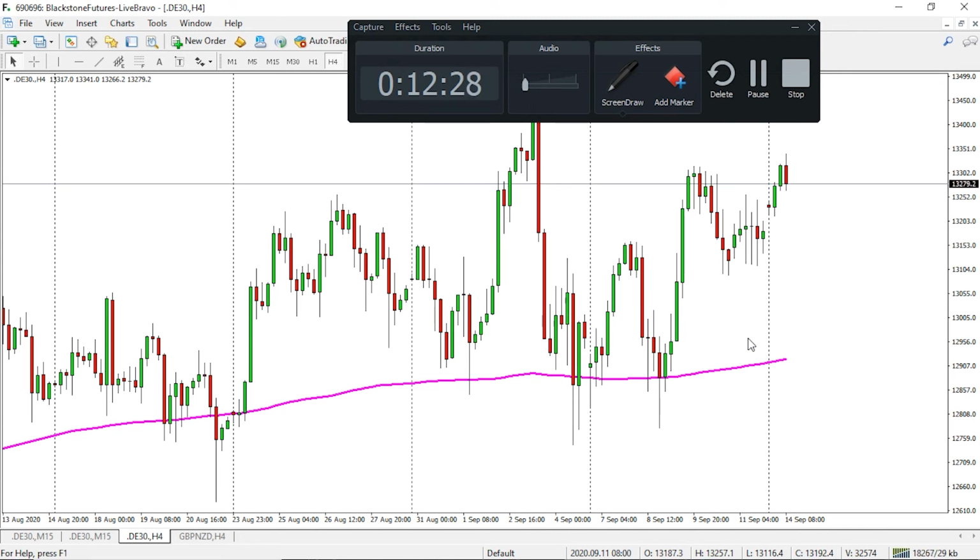At the same time, it also allows us to get into a trade on the 15-minute chart using a simple moving average crossover, and in that way we can then use the same risk management system.